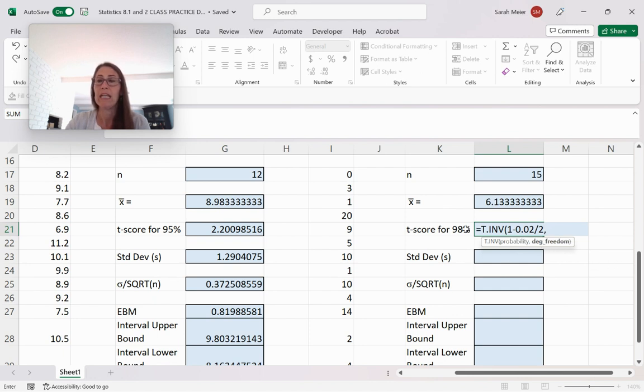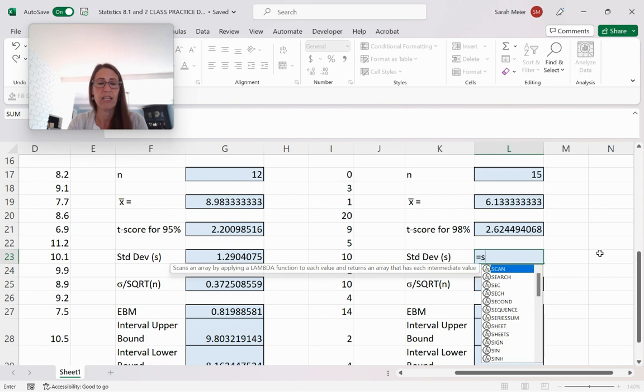Because our confidence level is 0.98, 1 minus that for alpha is 0.02. Divide that by 2, subtract from 1, and then our degrees of freedom is going to be 1 less than n. So I'm going to do this minus 1, because that's just another way to put that degrees of freedom in. And I get a t-score of 2.62.